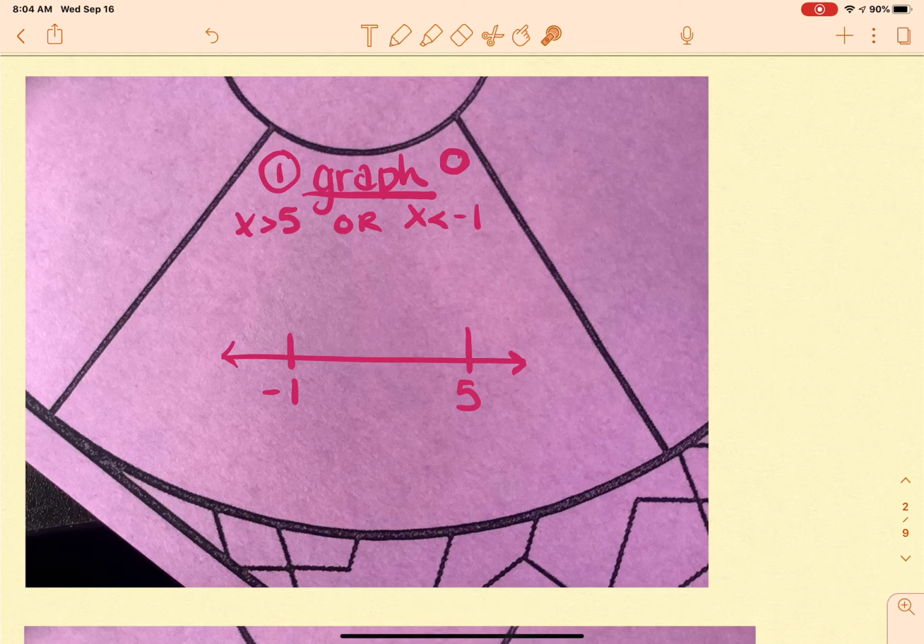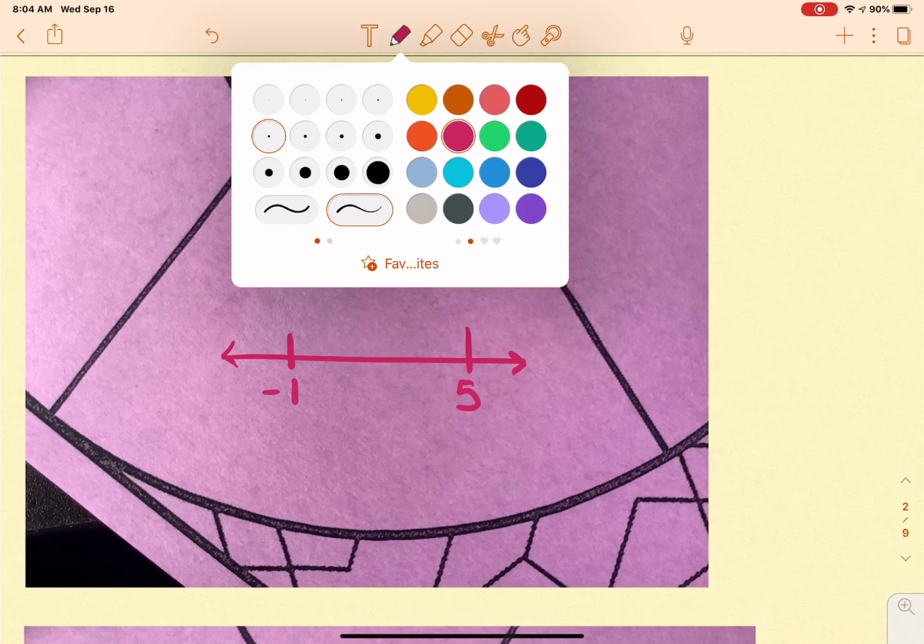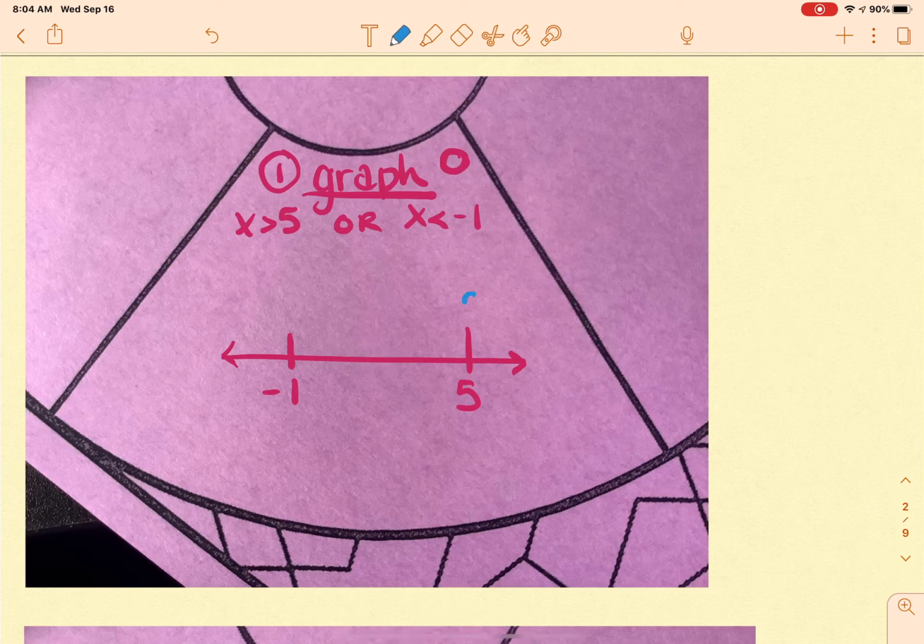So let's start with this first one. Because there's no equal to, there's going to be an open circle at 5. Normally when I graph, I do it above the line. So I have an open circle there. As long as the letter comes first, this points the way the line's going to go, so my line's going to go this way. Your line should cover the whole thing.